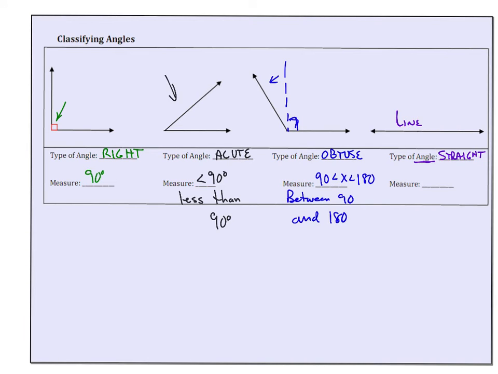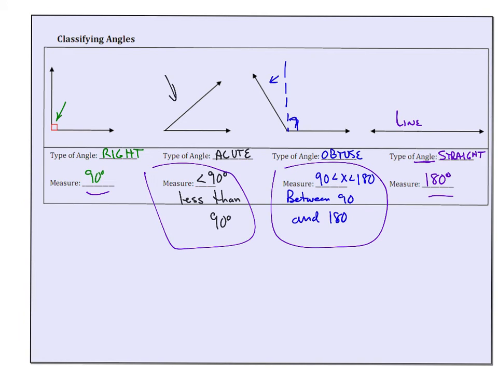Okay, technically it's a line, but if we thought about it in terms of an angle, it would be a straight angle. And that measure is just going to be 180 degrees. Okay, so we have exactly 90, we have exactly 180. We have smaller than 90, and we have bigger than 90, but smaller than 180. Okay, and so these are terms that, especially acute and obtuse, and straight angle, which pops up every once in a while, that you have to keep straight.